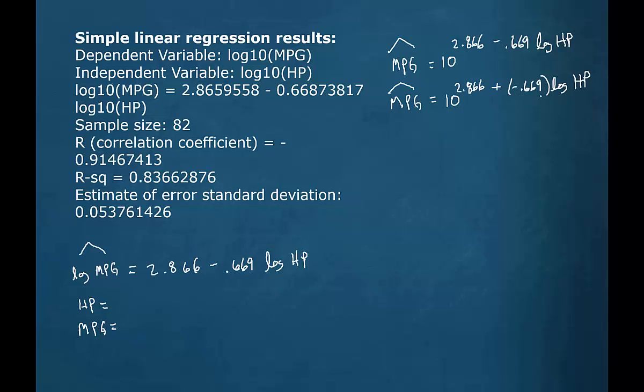But then I also remember that when I multiply a value out in front of a log, it's the same as having it up in the exponent. So this then would result in the predicted value for miles per gallon being equal to 10 raised to the 2.866 plus the log of the horsepower raised to the minus 0.669 exponent.